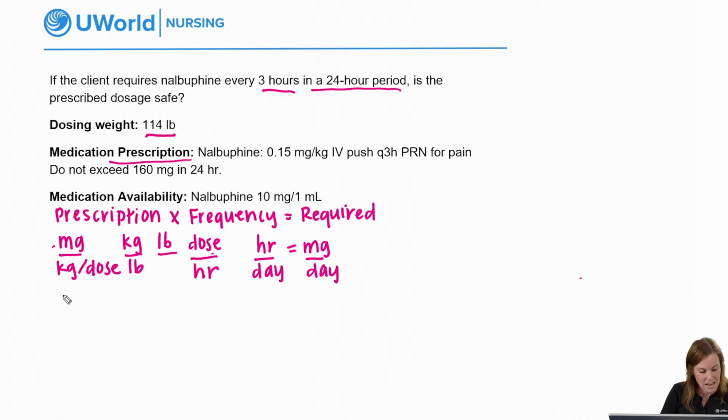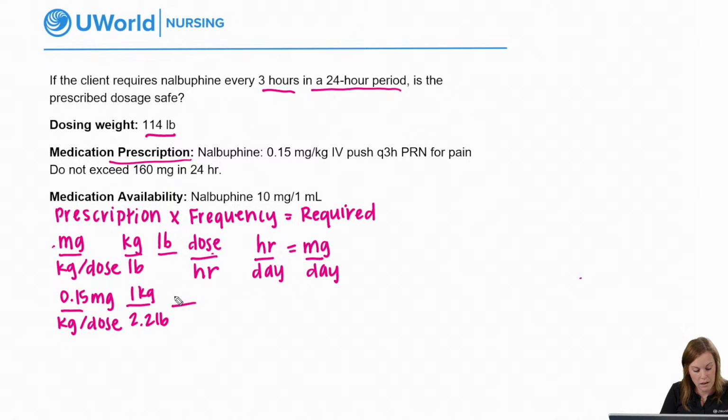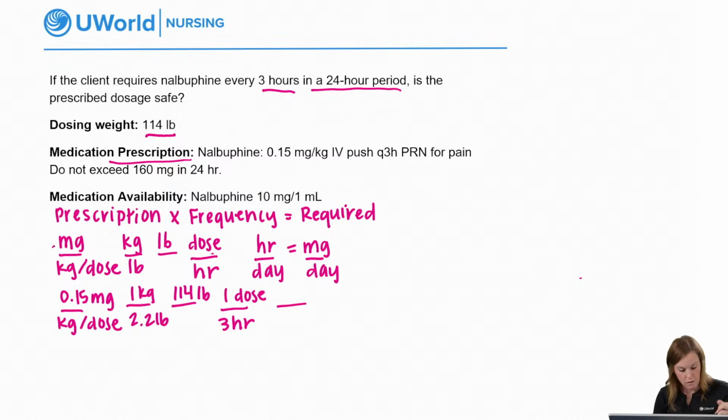Okay, so we have 0.15 milligrams per kilogram per dose. We know that 1 kilogram is 2.2 pounds, and our client weighs 114 pounds. We know one dose can be given every 3 hours, and that one day has a max of 24 hours.